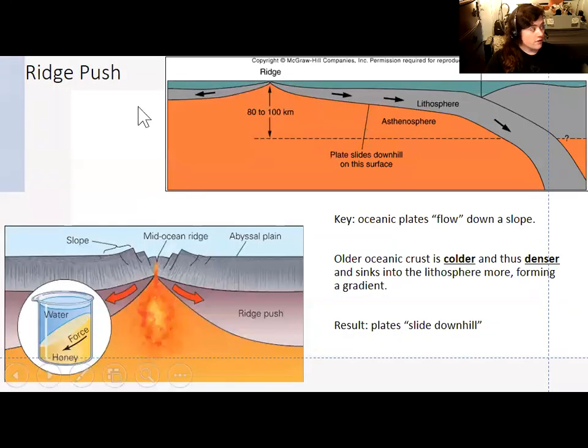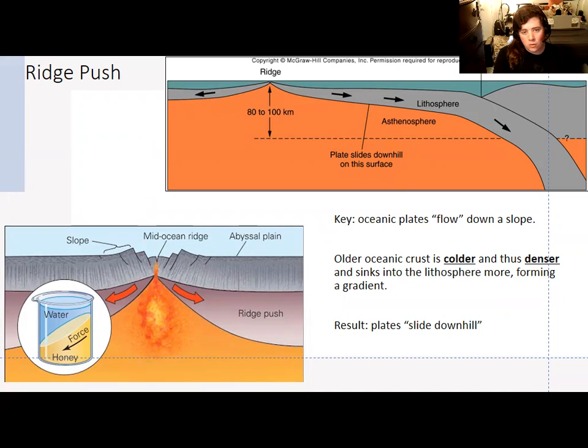Ridge push refers to the mid-ocean ridges that we learned about when we learned about the discovery of spreading centers. And the spreading centers produce lava that solidifies into rock. And as the plates move apart from each other, that rock is going to get older and it's going to cool over time.